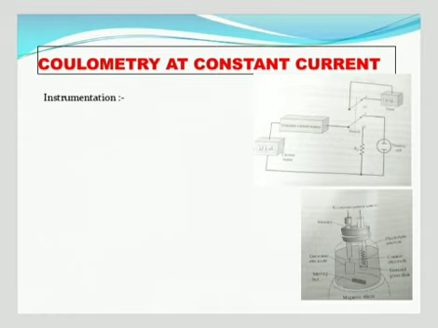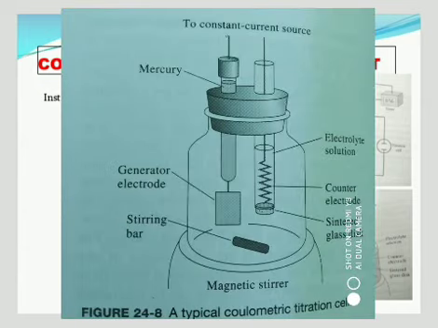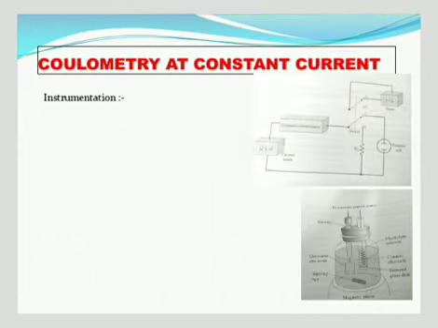Next are the colorimetric titration cells. The cell consists of electrodes, with provision for magnetic stirring, and pure inert gas is passed through the vessel to remove dissolved oxygen from the sample.